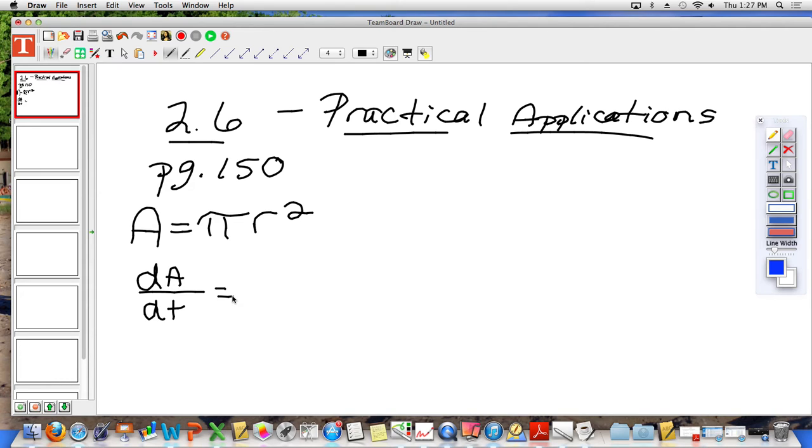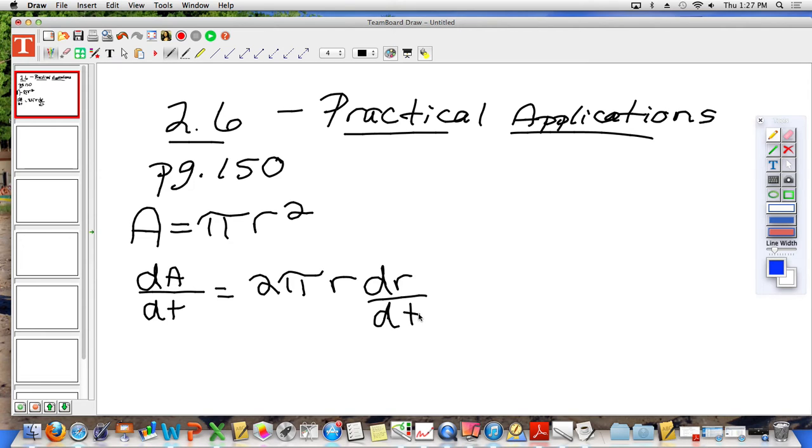What would be the derivative of 3r squared? It would be 6r, you just multiply the 2 and the 3. Well, it's not a 3, it's a pi. So when we find the derivative, we're going to get 2 pi r. But we found the derivative of r squared, so it's going to be dr dt. The hardest part is done.